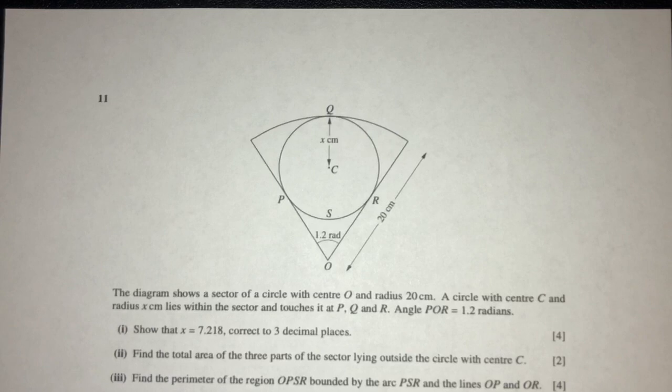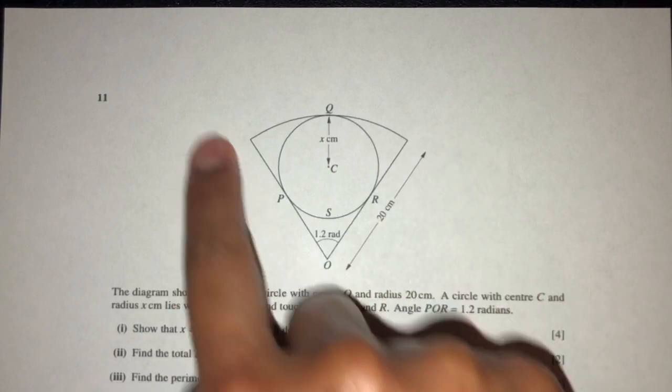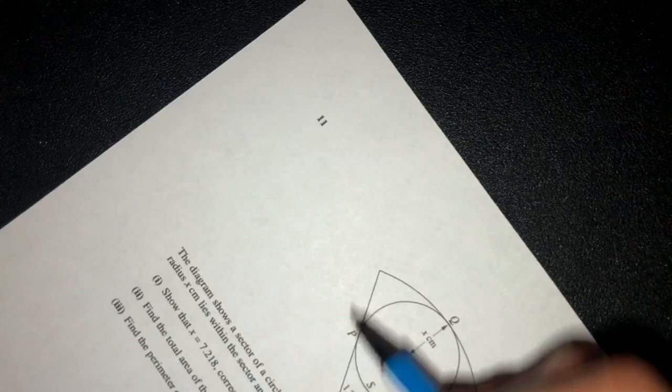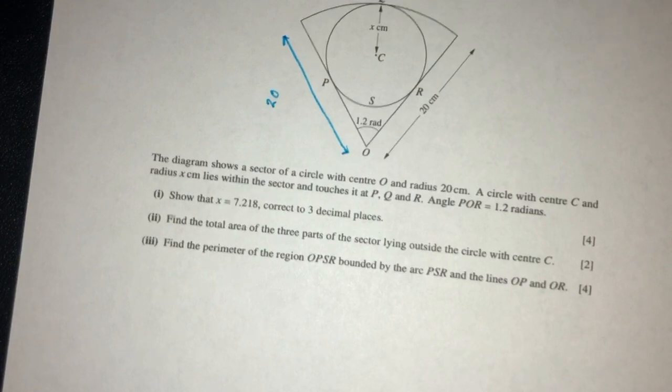The diagram shows a sector of a circle center O, and the radius is 20. So if this is 20, this means this is also 20, right? So this whole thing here is also 20. Now what else do we need to know?